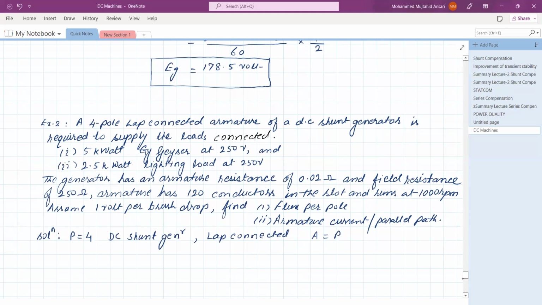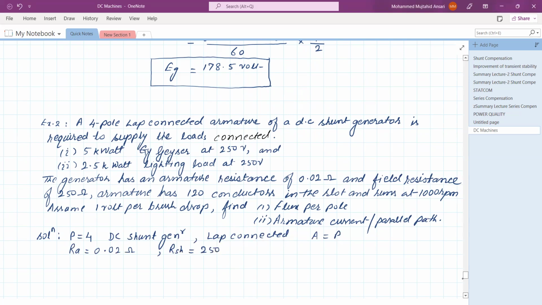Now, what are the loads? The load is a 5 kilowatt geyser at 250 volt and a 2.5 kilowatt lighting load at 250 volt. The generator has an armature resistance RA equal to 0.02 ohm, whereas the field resistance is 250 ohm, since it is a DC shunt generator, definitely a shunt resistance.